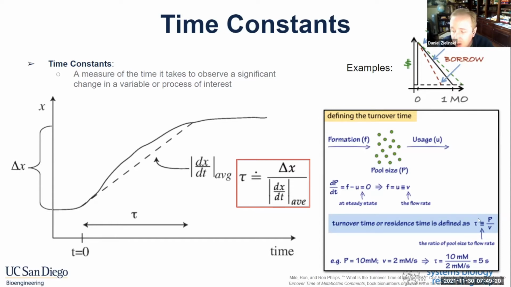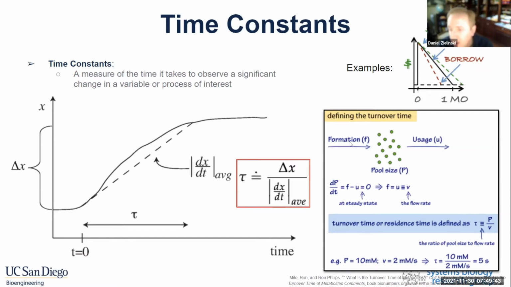This can be extremely relevant in biology, given what I just mentioned about the orders of magnitude differences in pool sizes and rates. Sometimes you will have a very large pool being acted on by very small fluxes, which creates a very long time scale.